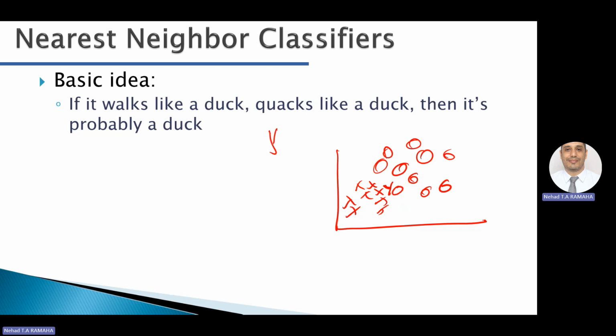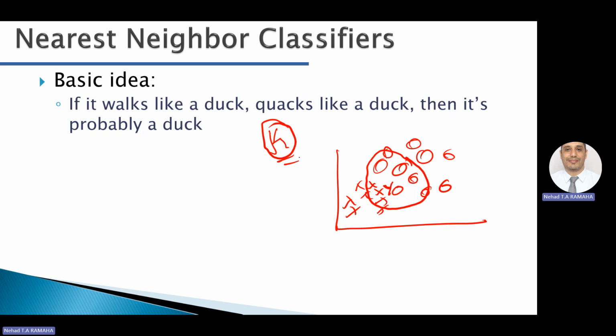From here comes the word K. K is the number of neighbors that we will calculate the distance to, or consider, when we classify. So we take an area that has this number of instances or objects.